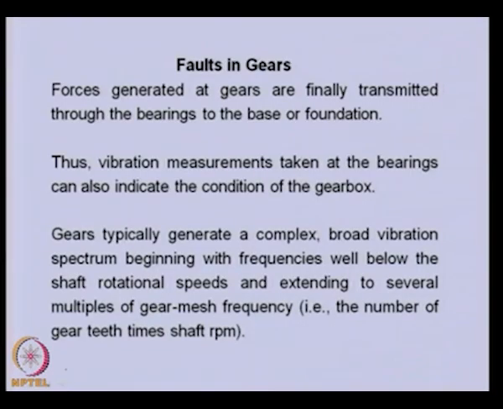The forces from a fault in the gear are finally transmitted through the bearing to the base or the foundation. Thus, vibration measurement taken at the bearing can also indicate the condition of the gearbox. So, whatever dynamics is taking place at the gear will reflect at the bearing location, and if you are measuring the vibration there, it will give the condition of the gear also.